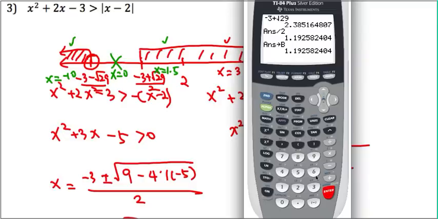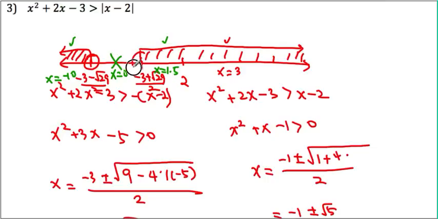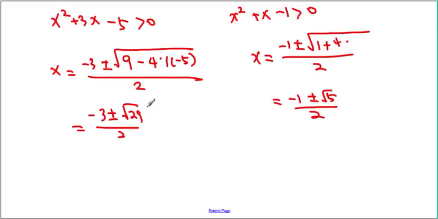Then our left side once again becomes b squared plus 2b minus 3. So we get 0.87-ish. And then on the right side, if you plug in 1.19 in this location, you will also get 0.807. So they will also be equal to each other. Then, since that's not what we want, we're going to have another open circle. And that becomes our final answer. I'll see you later. Bye-bye.